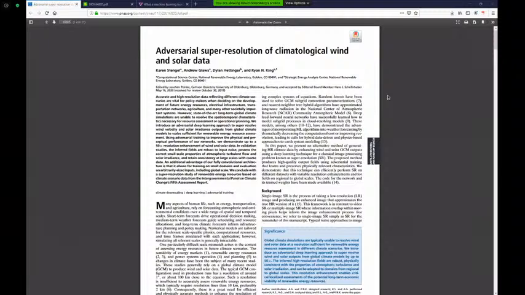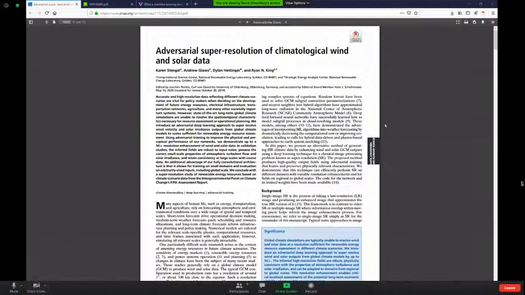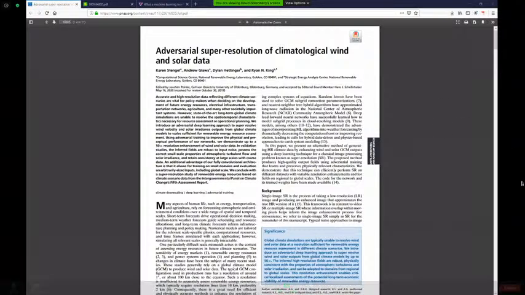But the reason they can do this is because it's not just some arbitrary data, it's a specific kind of phenomenon that recurs, that has statistical patterns, and they're able to get labeled data for supervised learning, where they know the correct result of the resolution increase in some cases, and they can train the neural network to produce the correct high resolution output from the low resolution input.